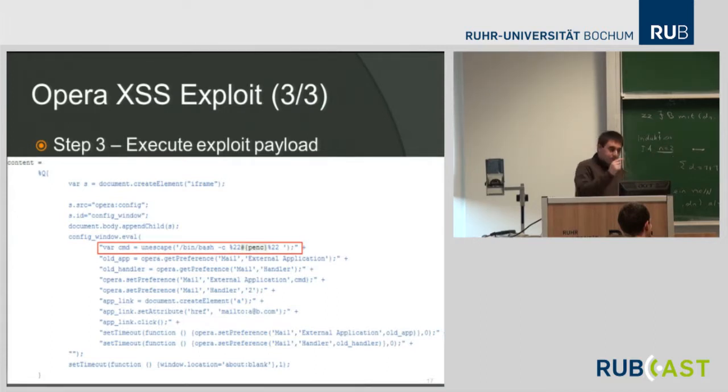So whenever there was a redirection to a mailto handler, Opera was calling whatever I was setting with this payload. The next step of the payload was to force the browser to load a mailto address. That will push the browser to call the mail application handler and then get the code execution.